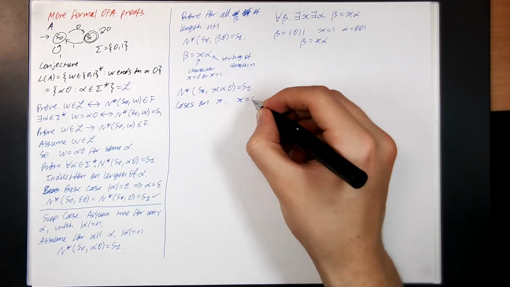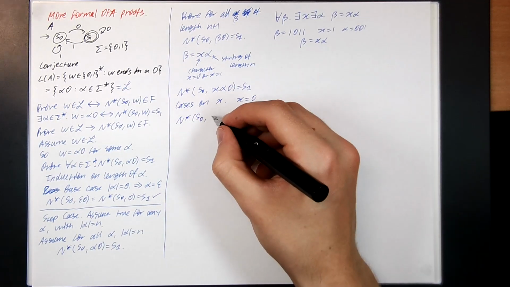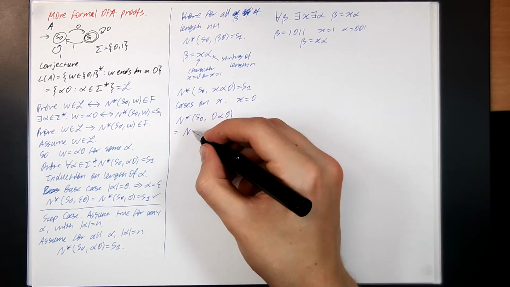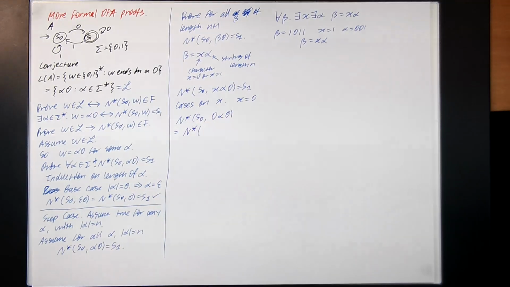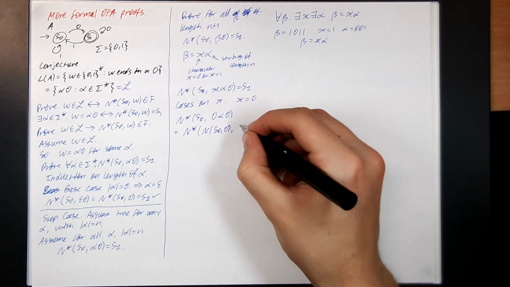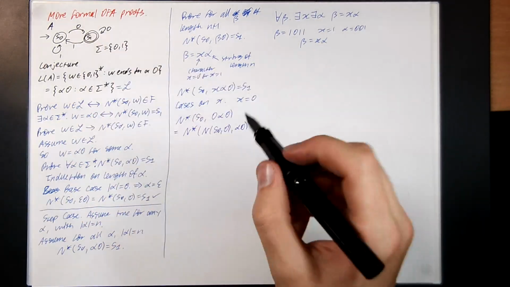So if x is equal to 0, delta star of S0 0 alpha 0, I can use the definition of the extended transition function. So that's delta star of delta of S0 0, alpha 0. If I'm in S0 and I read a 0, I go to S1.